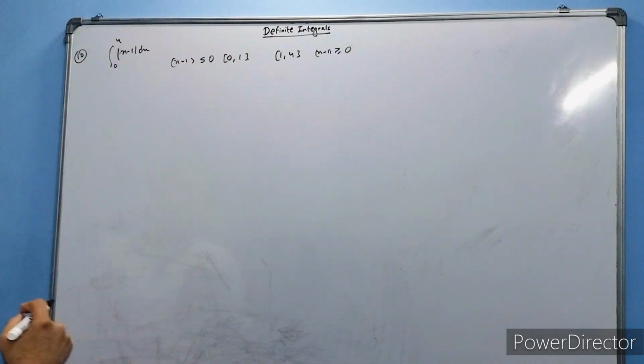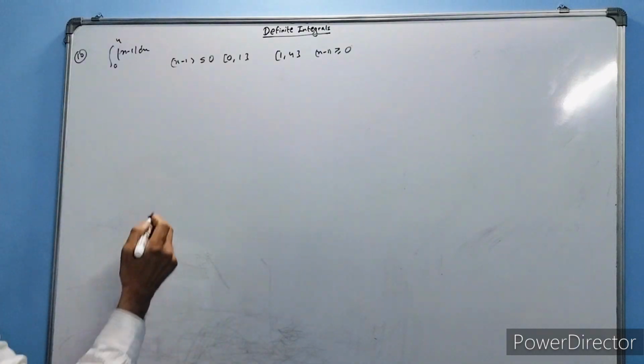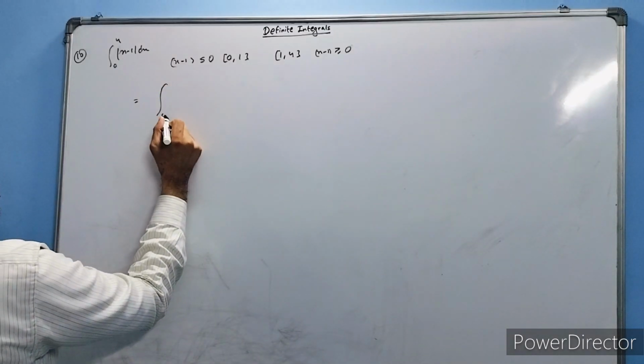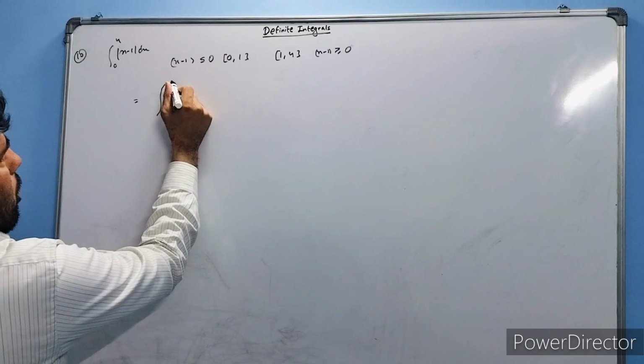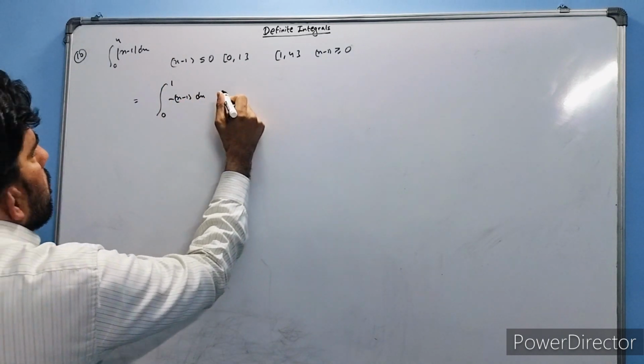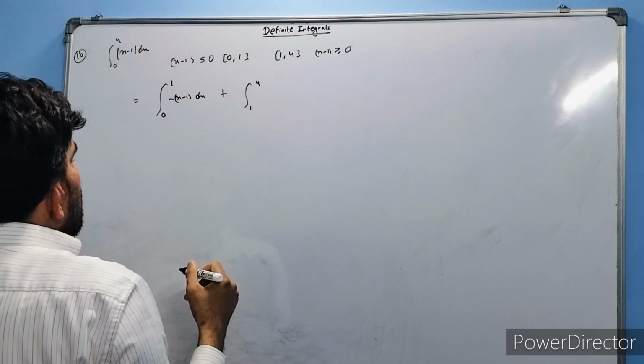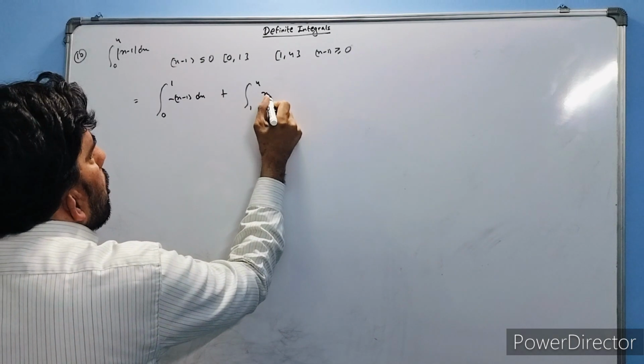Okay, if I put 0 or 2 it will be negative, if I put 3 or 4 it will be positive. So we can take this value here, 0 to 1. So we have integral of minus (x minus 1) dx from 0 to 1, plus integral from 1 to 4, which will have positive value here.